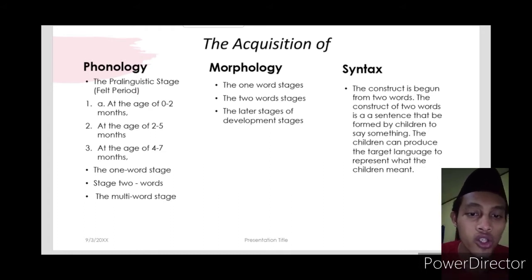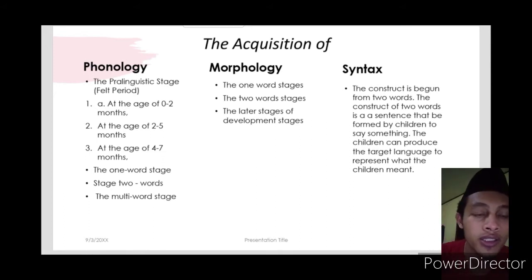In this stage, the child only makes reflexive sounds to express, for example, pain or discomfort. And then at the age of 2 to 5 months, the child begins to make vowel sounds, which are mixed with consonant-like sounds. This sound usually appears in response to a smile or mother's words or someone else.